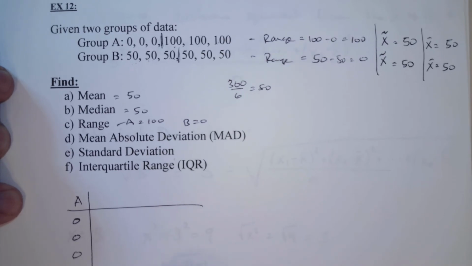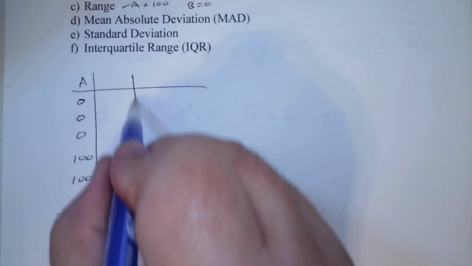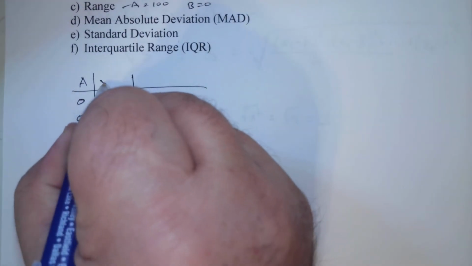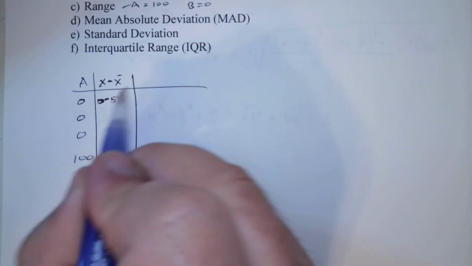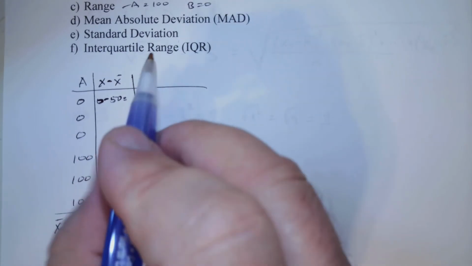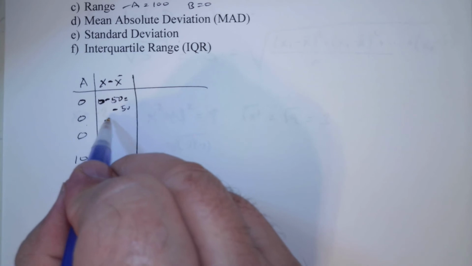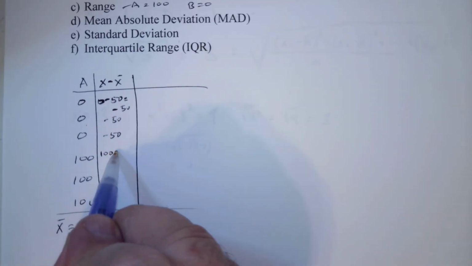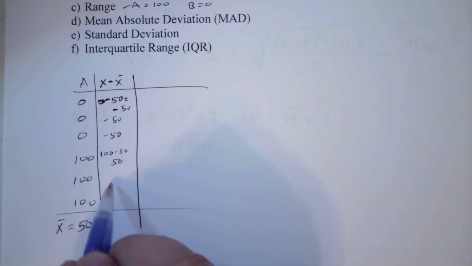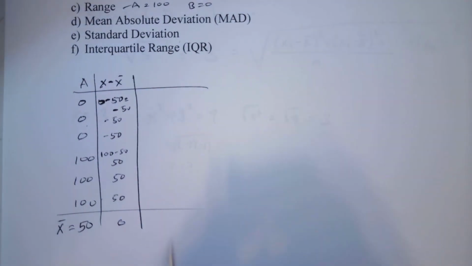The mean is 50. So we'll do x minus x bar. So 0 minus 50 is negative 50. That's going to be negative 50, negative 50. 100 minus 50 is positive 50, positive 50, positive 50. So if you add up all these, you should get 0.